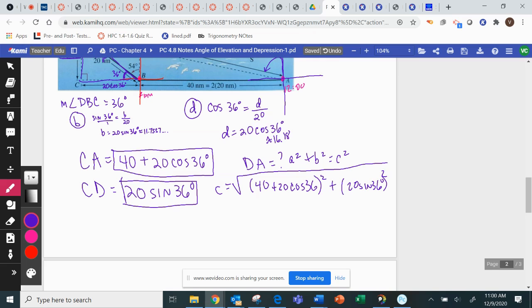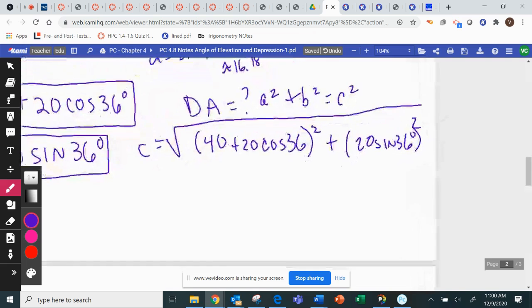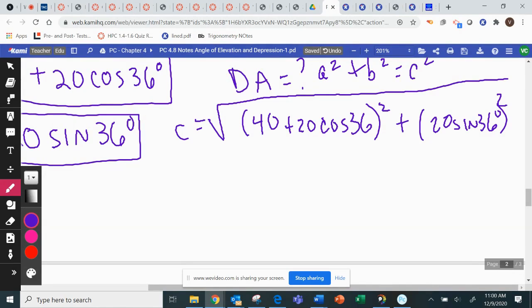So I can type that in my calculator with all the parentheses. I can type it just straight into my calculator. Try to use your calculator and type it straight in without having to do multiple steps.